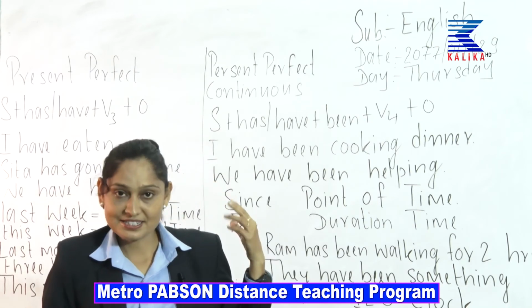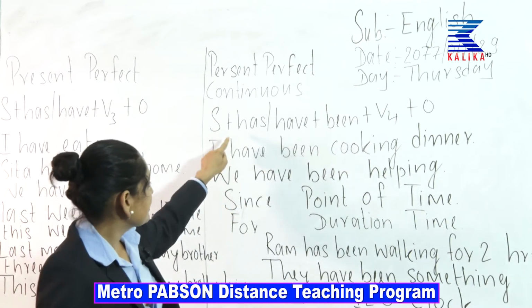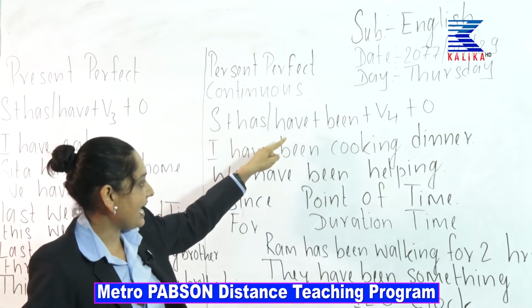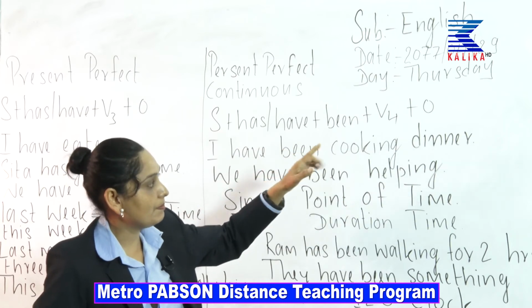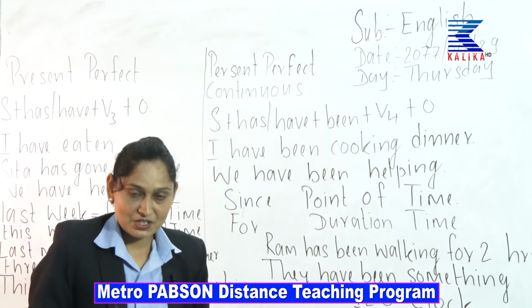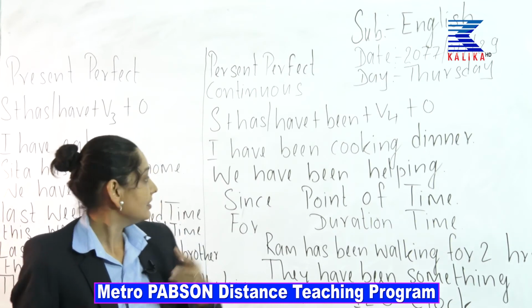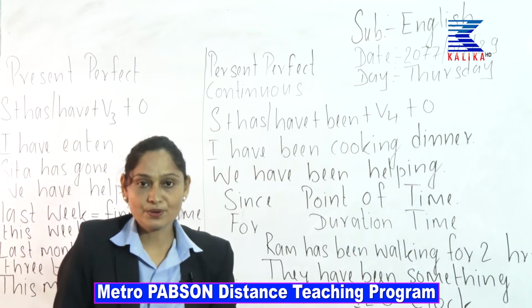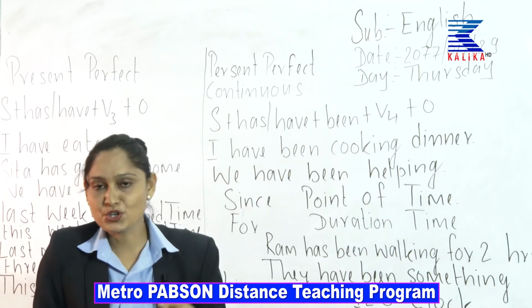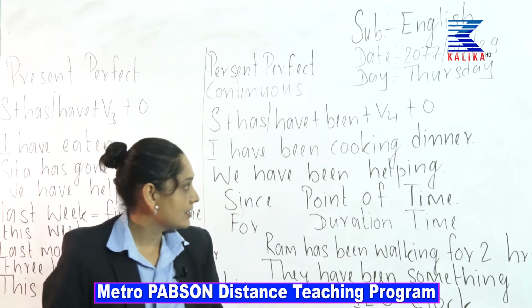So, here are some structure rules. Just look. Subject plus has or have plus been plus verb 4 plus object. You all have understood subject, you all have understood has or have. Now, what is verb 4? Verb 4 is the ing form: helping, talking, sitting, looking, watching. That is verb 4.